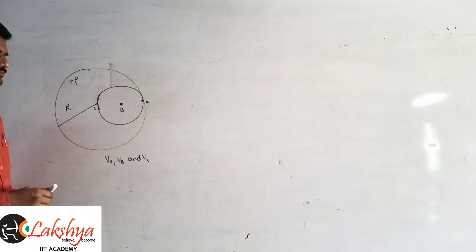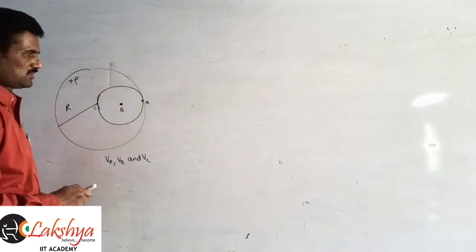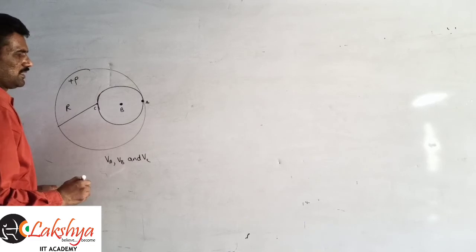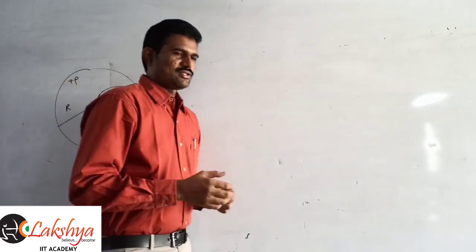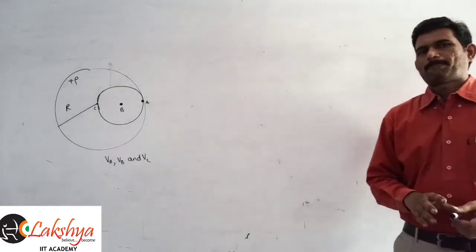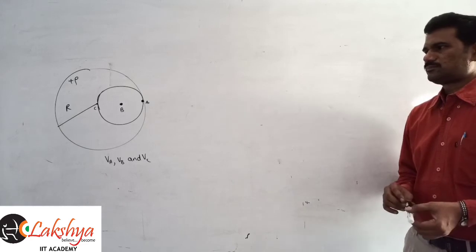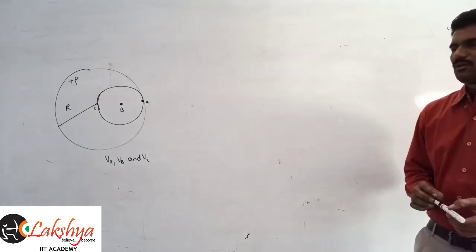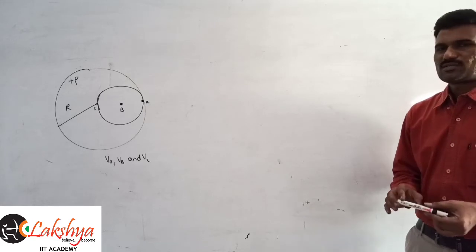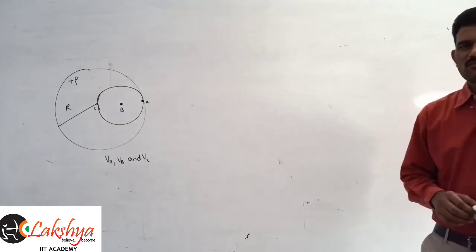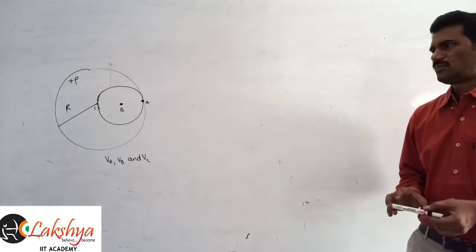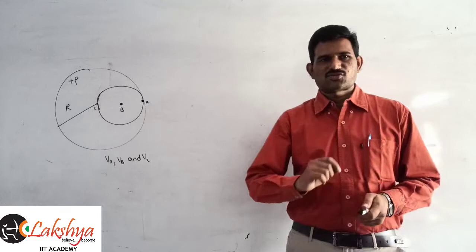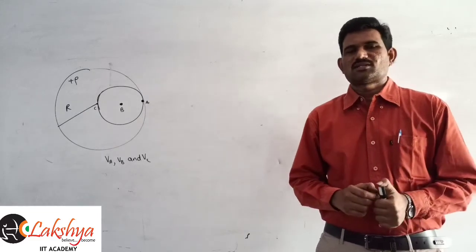Next question. If an electron of mass m and a charge minus e is released from the point A, find the time taken by the electron to strike the surface of the cavity, and also find with what velocity it strikes the surface of the cavity.